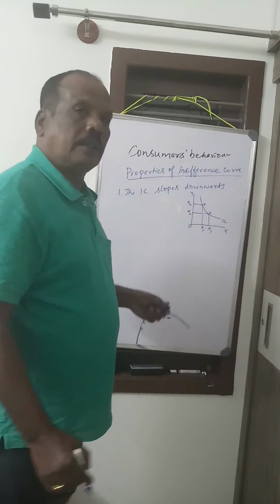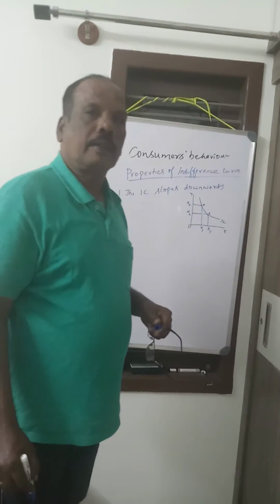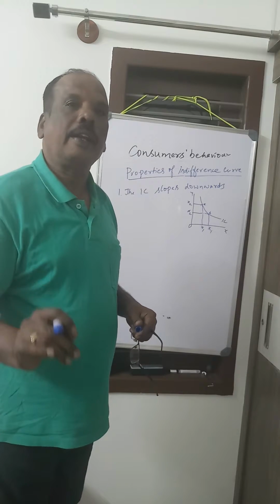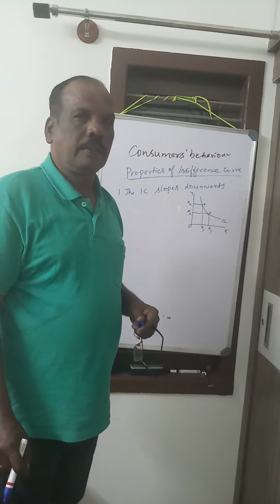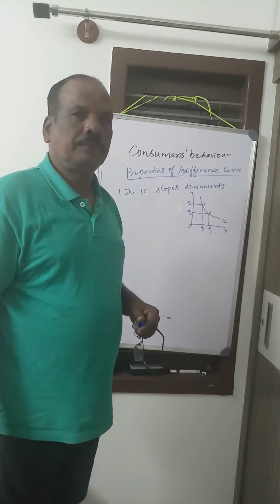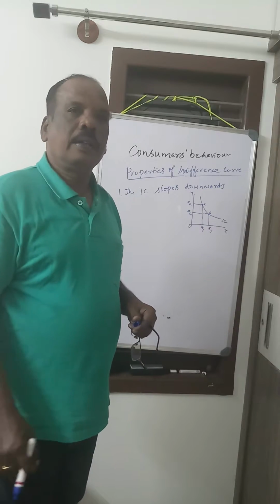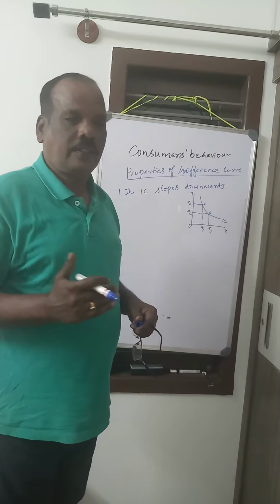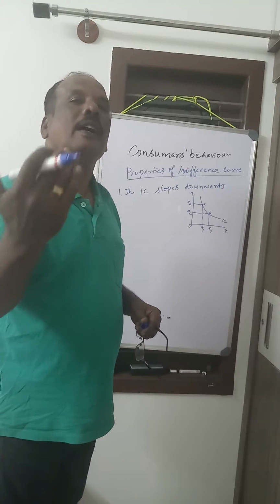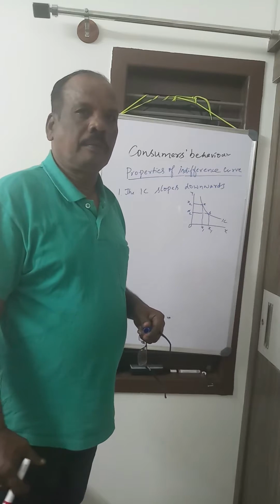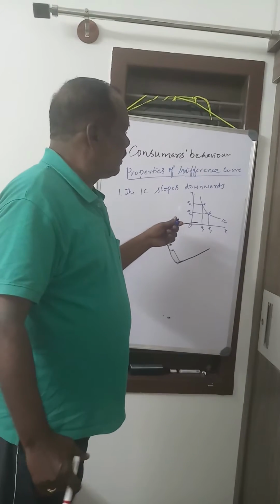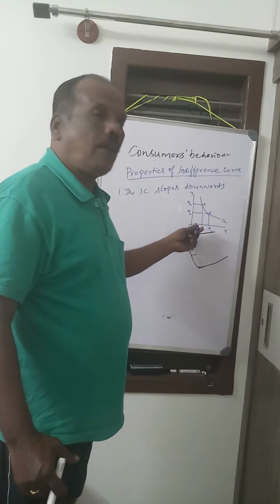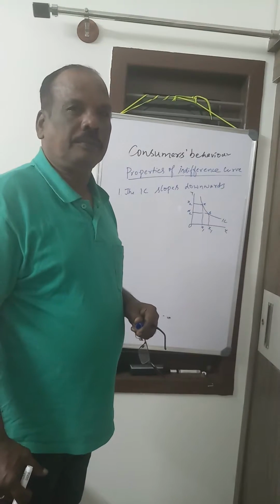So this is because of the application of the law of diminishing marginal rate of substitution, that is MRS. What is MRS? It is the rate at which one commodity is substituted for another commodity. See, X2 is substituted for X1 commodity.